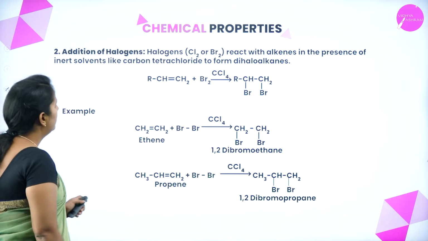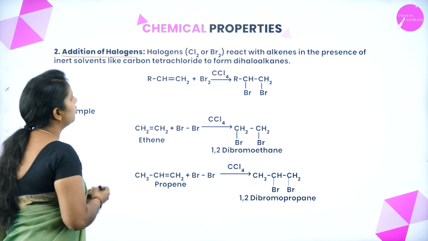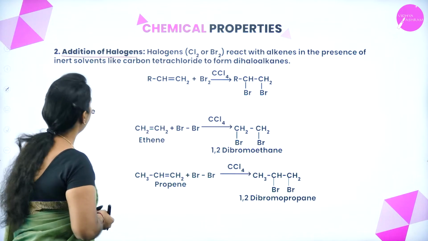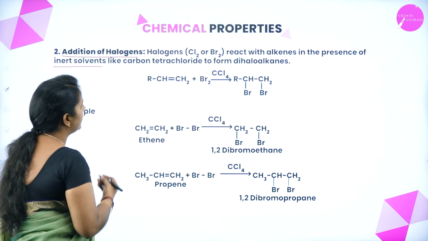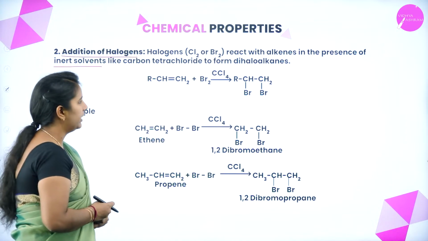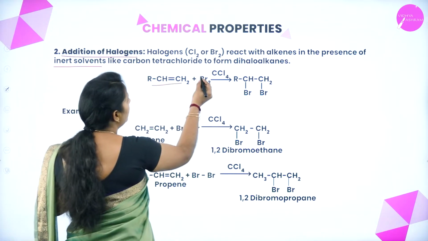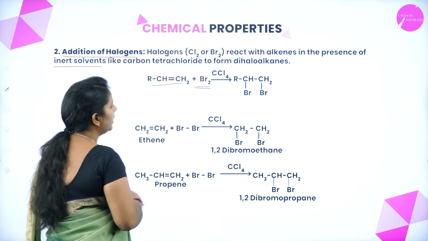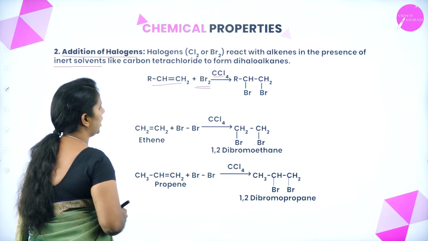Okay, next is addition of halogen. Chlorine and bromine react with alkene in presence of inert solvents like carbon tetrachloride to form dihaloalkane. Here I have considered the alkene which is allowed to react with the halogen bromine in presence of the inert solvent carbon tetrachloride.